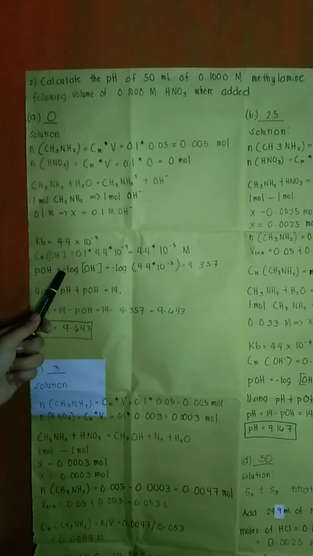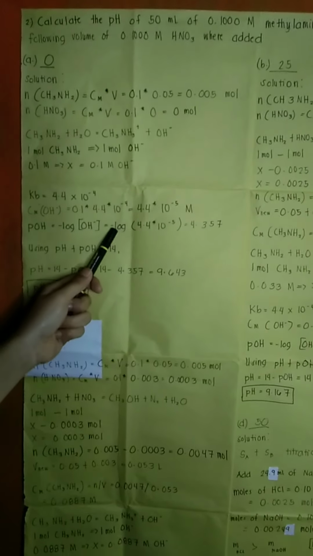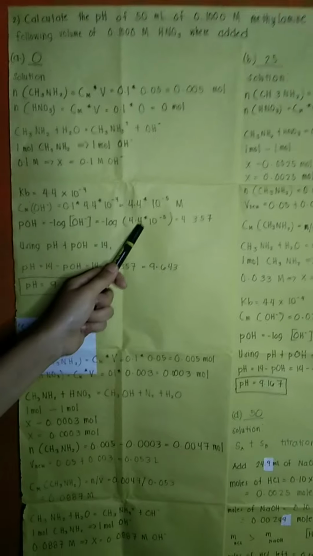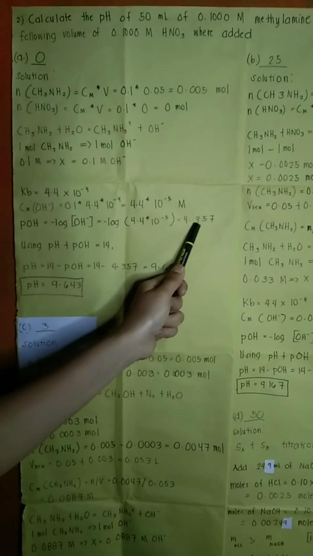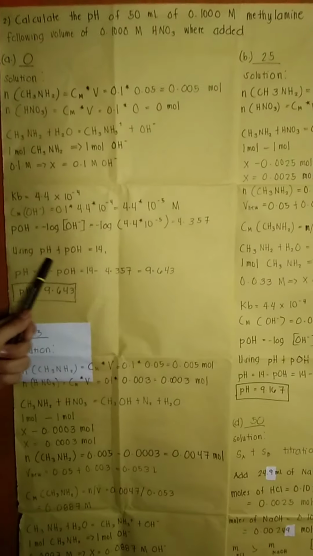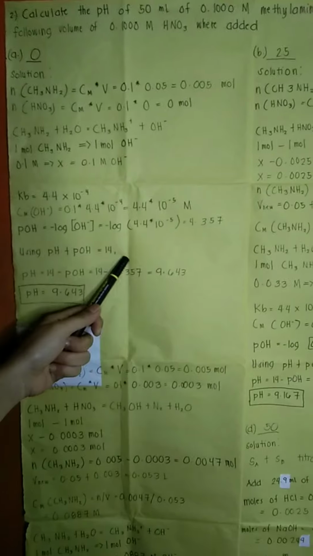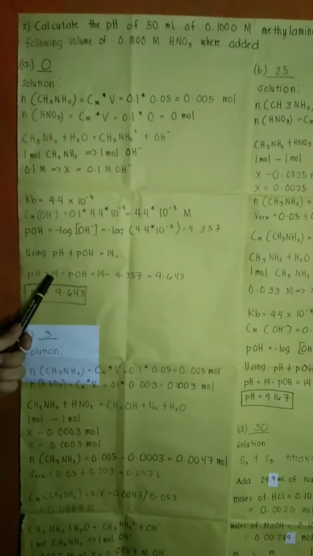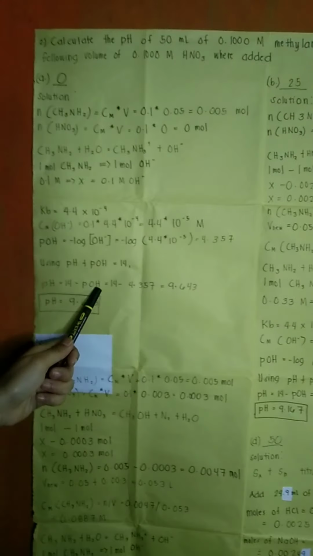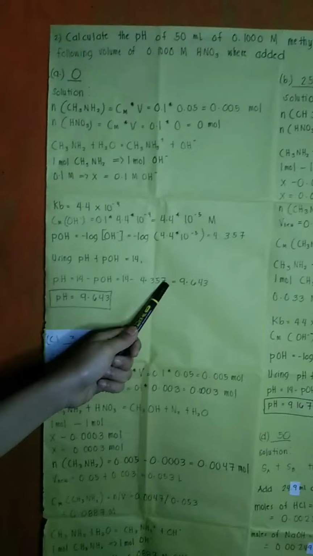pOH equals negative log of OH negative equals negative log 4.4 times 10 negative 5 equals 4.357. Using pH plus pOH equals 14, we can get the value of pH. pH equals 14 minus pOH equals 14 minus 4.357.